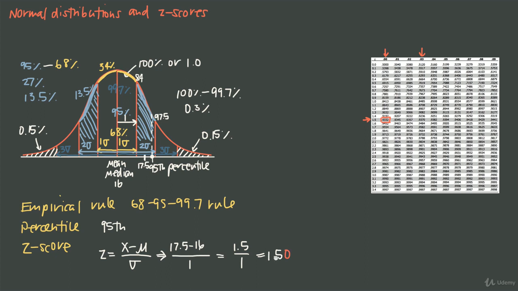The fact that this value is positive tells us that we are above the mean as opposed to below it. So the z-score says you're 1.5 standard deviations above the mean.